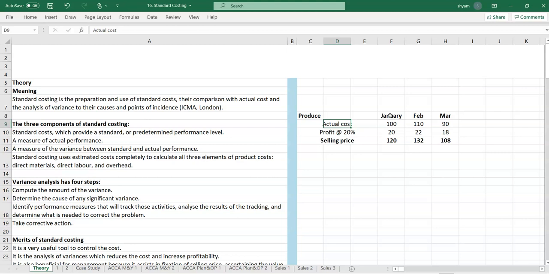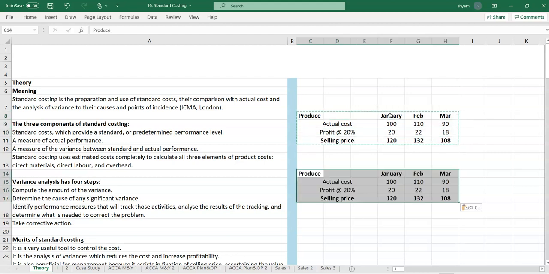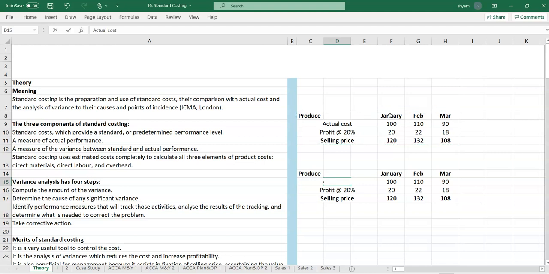So we should not do it like this, with actual cost and profit. What we should do better is produce, but our pricing should be based upon standard cost. The standard cost of the product is going to be 100, and every month it's going to be the same 100.